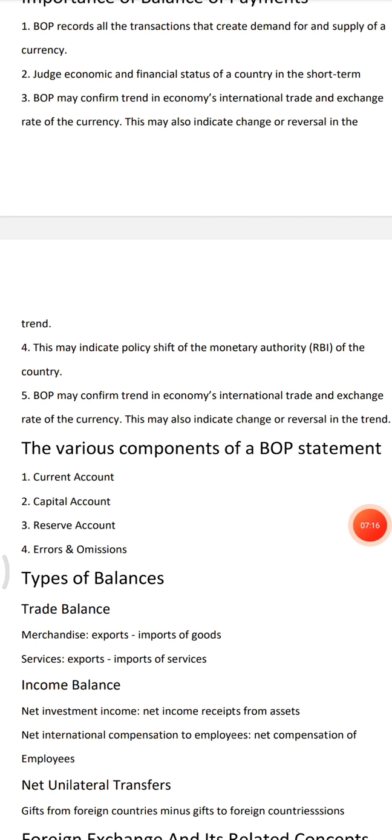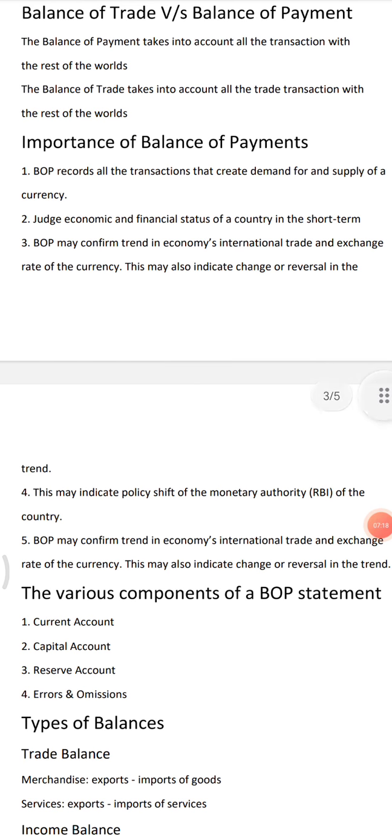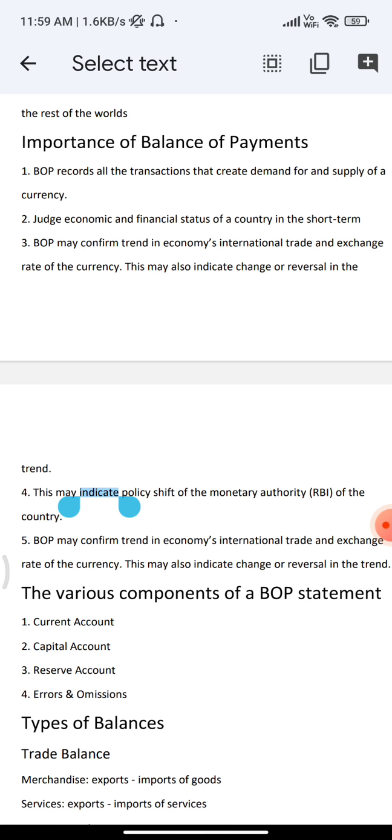So these were the five points that are very important in the case of balance of payments. First, it keeps a record and creates demand and supply of the currency. It judges the economic status of the country, showing in which condition we are.